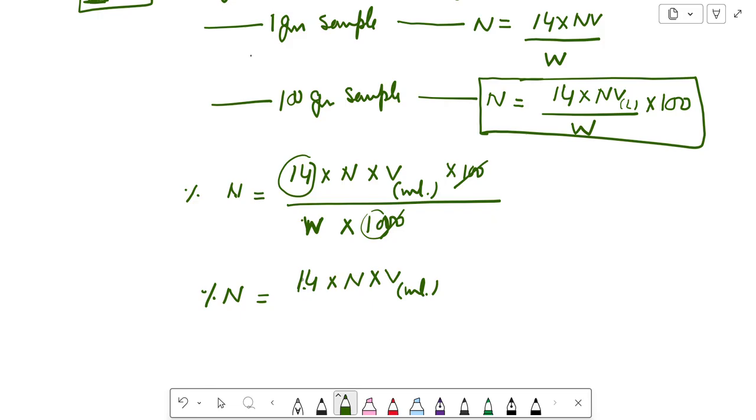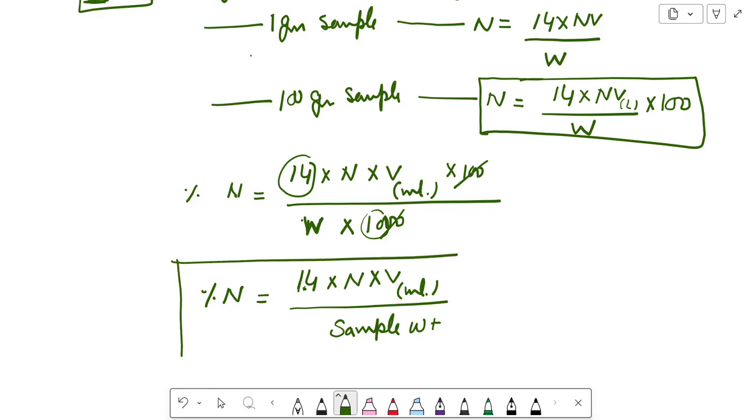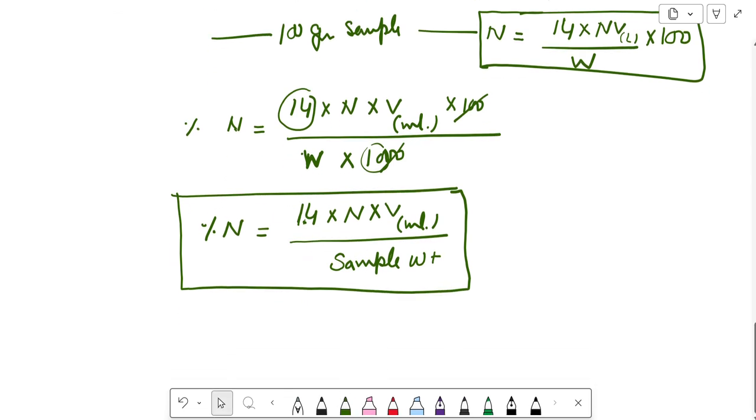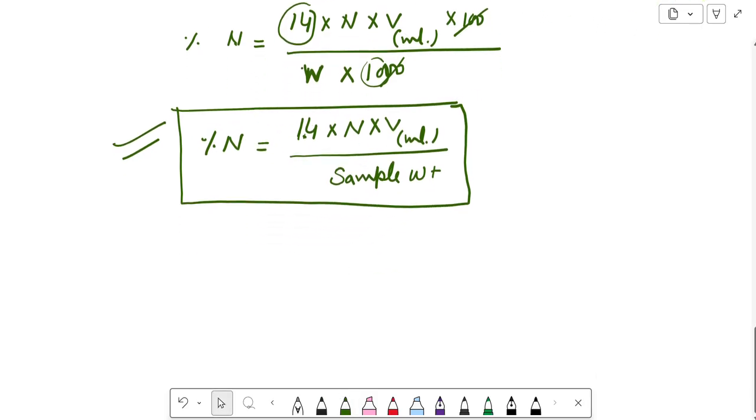So our formula will be 1.4 into N into V divided by W. W means sample weight. We can use this formula 1.4 into normality of standard acid into V. V means volume of standard acid that is used to react with ammonia divided by sample weight. This is the percentage of nitrogen in our sample.